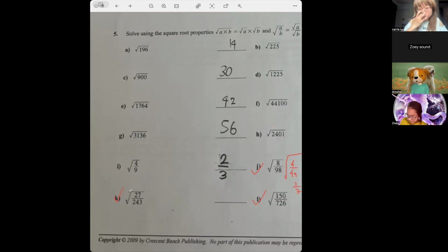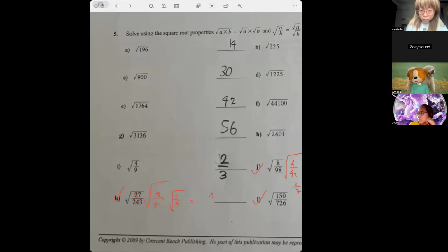The answer is 3 over 9. Yeah. That's what I got. Divide by 3 first, right? So 9 over 81, right? And you can simplify again. It's 1 over 9. Correct, Amelia? So the answer is what?